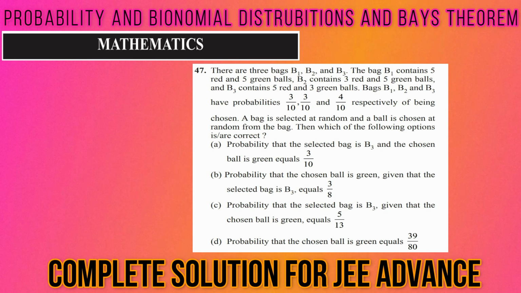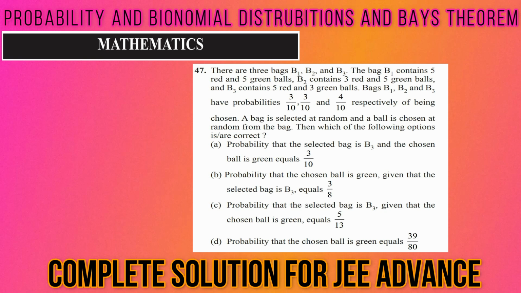Bag B2 contains 3 red balls and 5 green balls, that means a total of 8 balls. Bag B3 contains 5 red balls and 3 green balls, a total of 8 balls. The probability of B1 is given as 3 by 10, B2 is given as 3 by 10, and the probability of B3 is given as 4 by 10. That means the probabilities of B1 and B2 are equal.